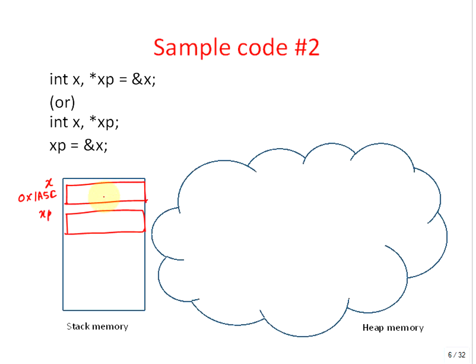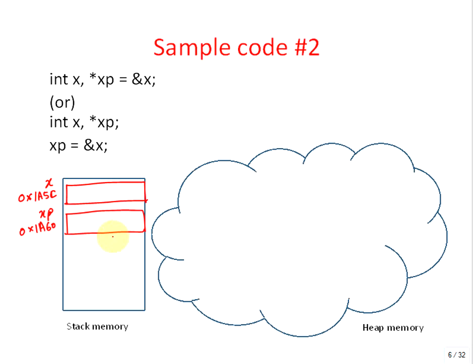I'm just talking about a word-aligned address. So C, D, E, F. So let's say hex 1A5C. And then the next address, assuming it's below that, may be 1A60.